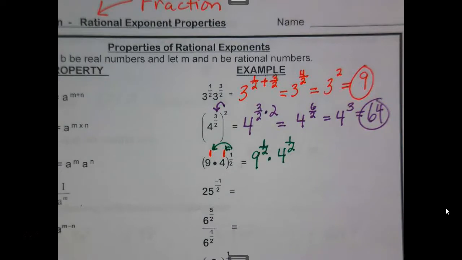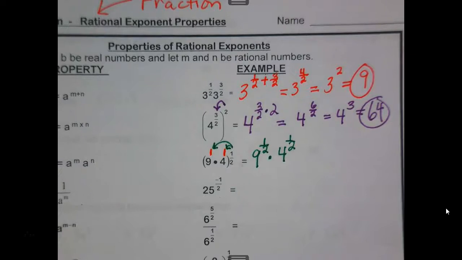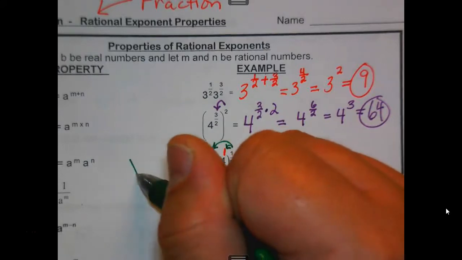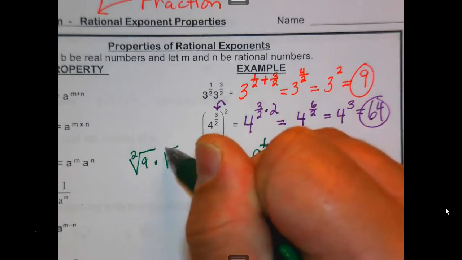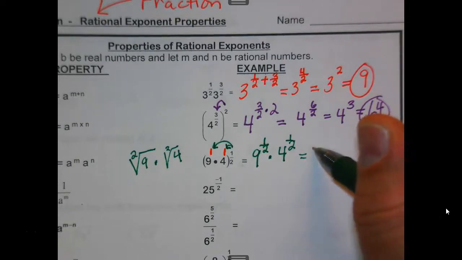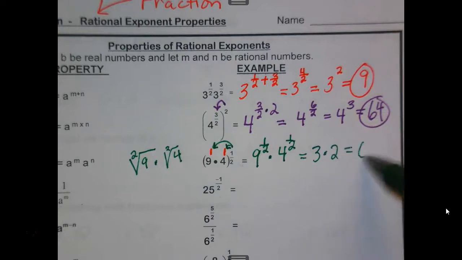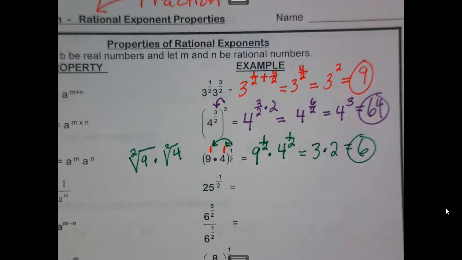Does anybody know how to make 1/2 into a radical symbol? It's the square root, right? Square root of 9 times the square root of 4. Square root of 9 is, what do you get?